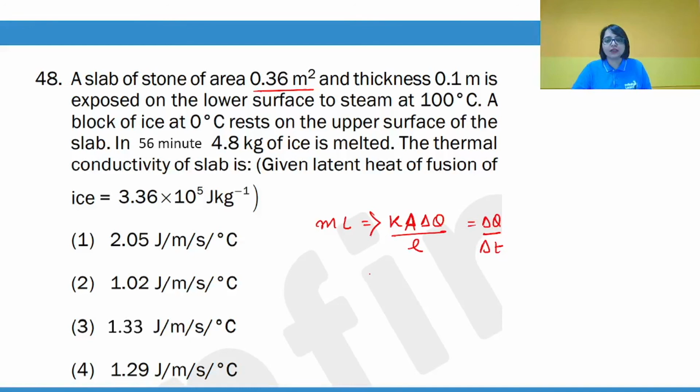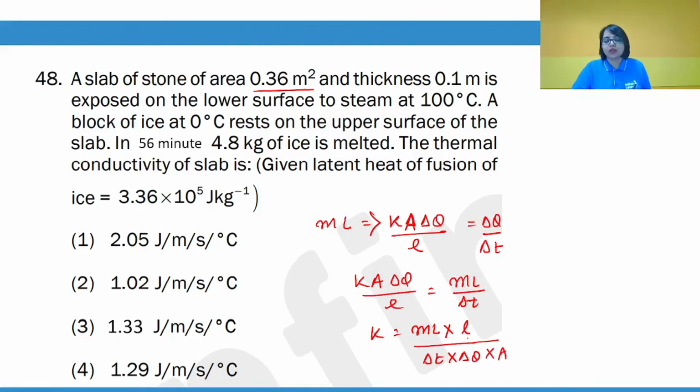So after that, Ka delta theta upon L is equals to ml upon delta T. So K will be ml into small l, that is the length of the slab, upon delta T into delta theta into A. So after putting the value of mass, latent heat, length, change in temperature, time and area, you'll get the value of K as 1.33 as option 3.